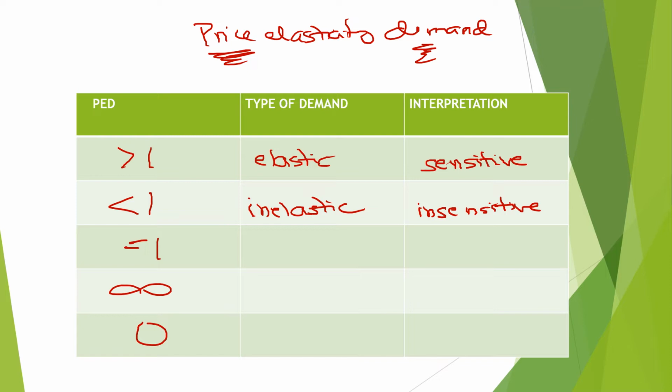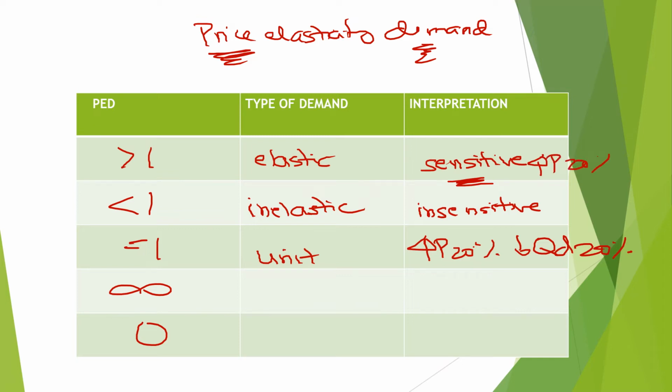And if the PED is equal to 1, then you have a unit elastic demand, which means to say that whatever change that takes place in your price in percentage form, that is also the percentage change in your demand. So for example, if the price increases by 20% and we expect QD to decrease, the decrease is also by 20%. But here in the elastic demand, if the price increases by 20%, the QD drops by, let's say, 25%. So it's very sensitive.